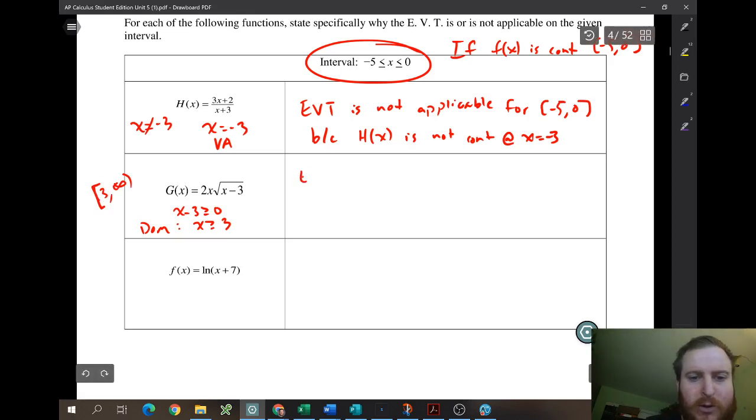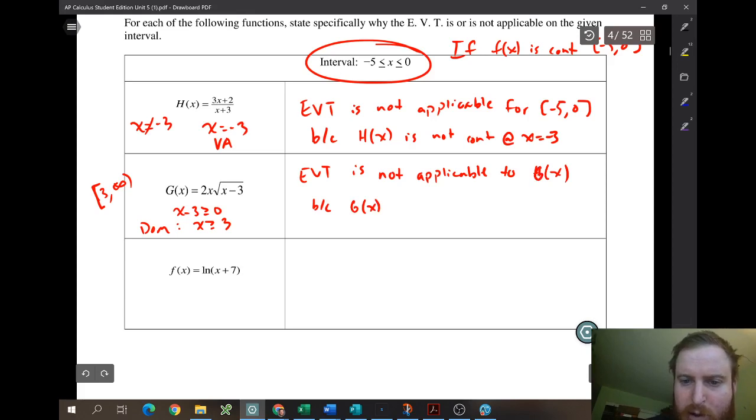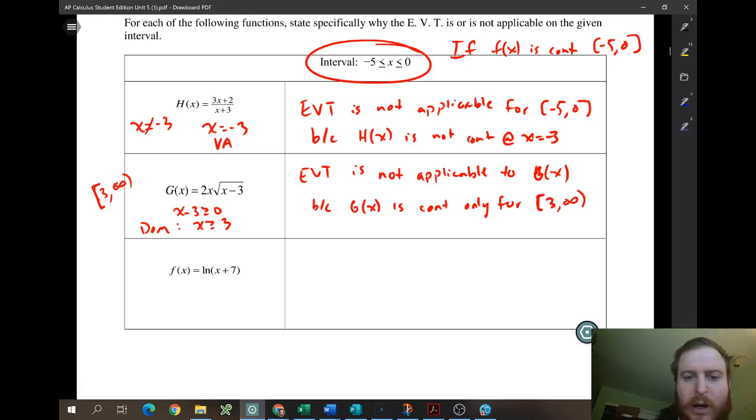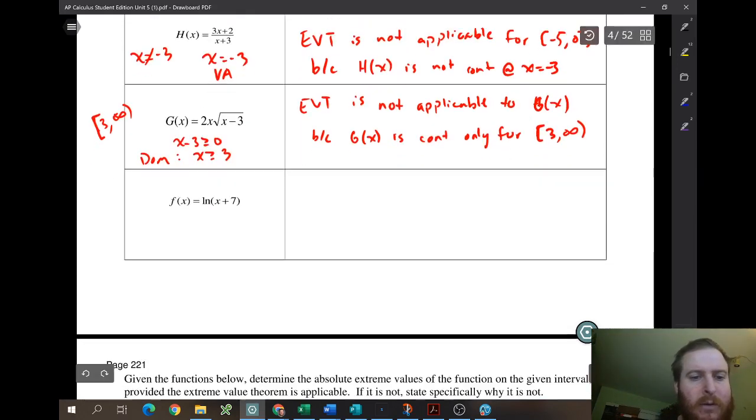So here, the extreme value theorem is not applicable to g of x. And we could even say because g of x is continuous only for 3 to infinity, or you could say x is greater than or equal to 3. And so -5 to 0 isn't in that interval.